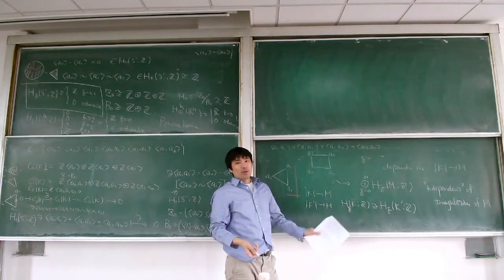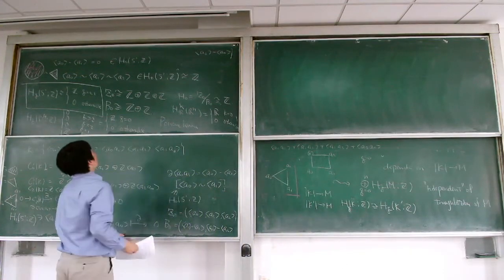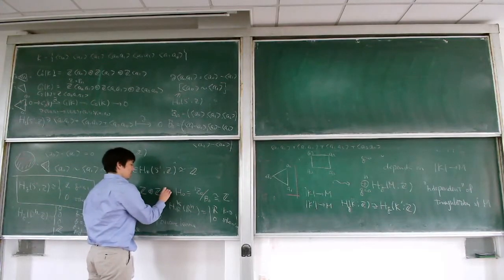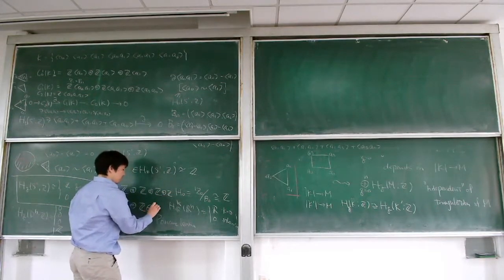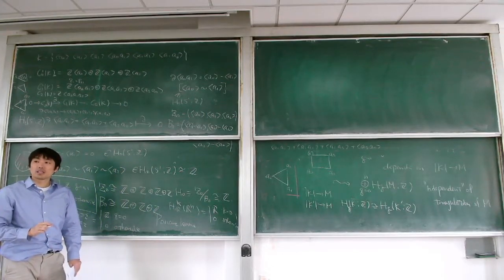And again, if you do the same procedure, what you end up with is that B0 here becomes just plus Z. Do you understand?